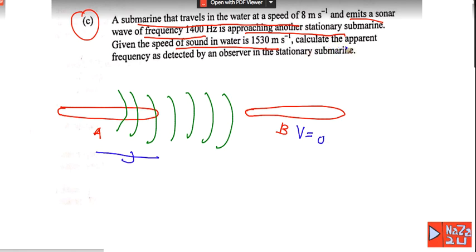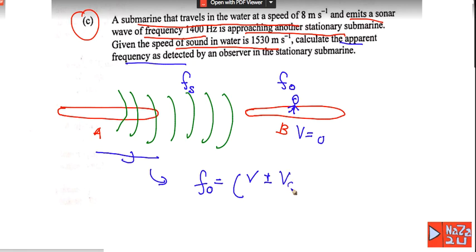The apparent frequency is detected by an observer; let's say we have an observer in submarine B. The frequency reaching the observer, f prime, is the apparent frequency detected by the observer, and f not is the frequency of the source produced by submarine A. According to the Doppler effect equation, the frequency detected by the observer is equal to the speed of sound in water plus or minus the speed of the observer, divided by the speed of sound in water plus or minus the speed of the source, times the frequency produced by the source.